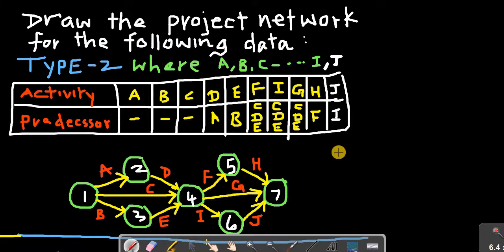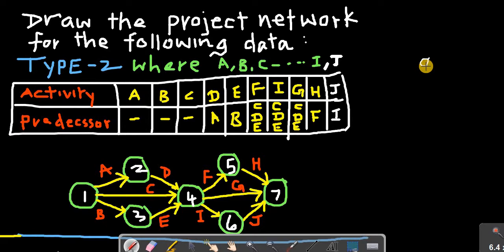Now look at that. So A, B, C, D up to J are the activities. For A there's no predecessor. Predecessor means what?